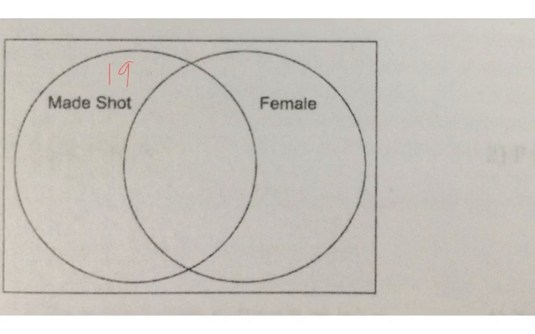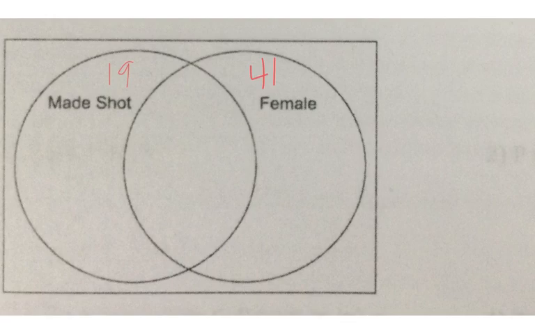This circle represents all the females, so what does that circle need to be? 41, because there are 41 total females. Any questions where those two numbers come from? This whole circle has to be 19. This whole circle has to be 41.